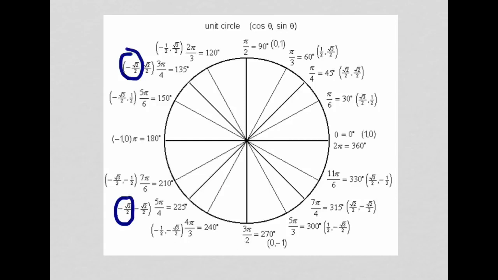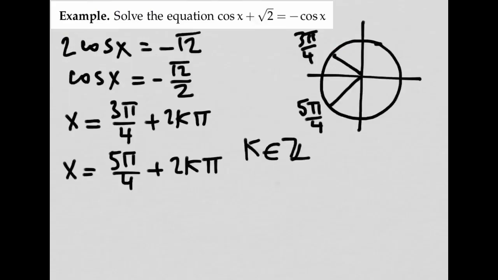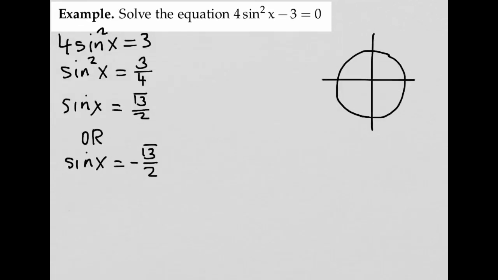Well, we have 60 degrees, or pi over 3, and 120 degrees, or 2 pi over 3. This is when the sine equals root 3 over 2. So we go back. The first equation gives the solutions.